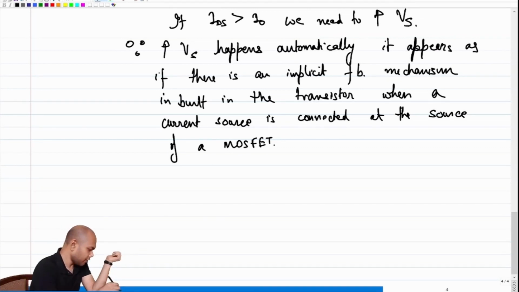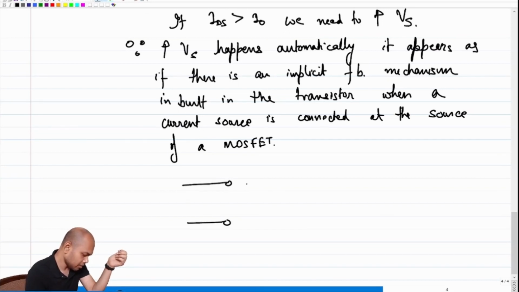So as it turns out, the answer to that is in the incremental two-port network model of a transistor. What was the generalized model of an incremental two-port network? If I just restrict myself to the model where I had only the Y21, so only GM, this is V1, this is V2.